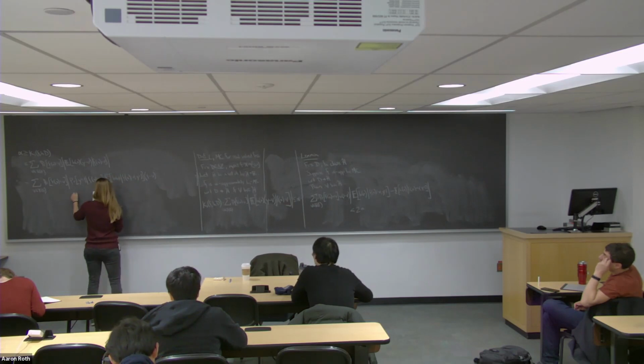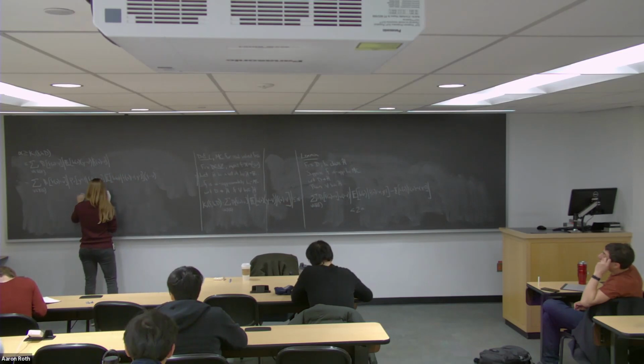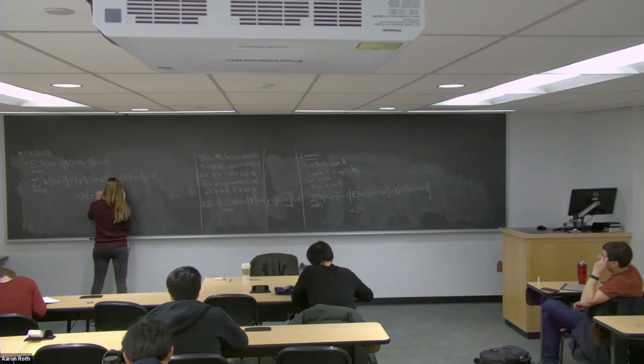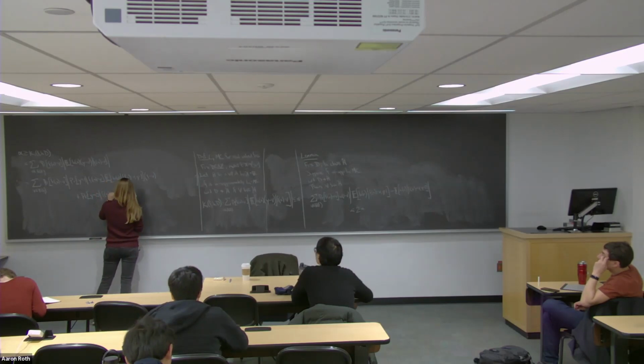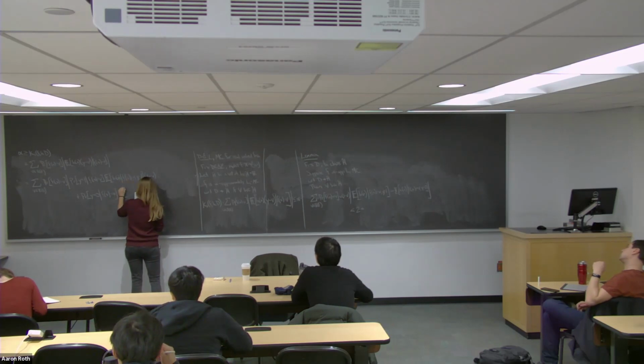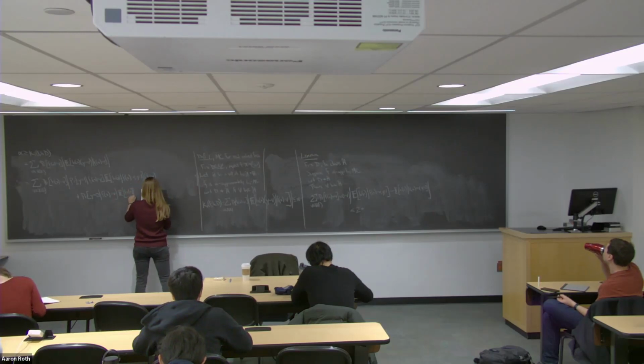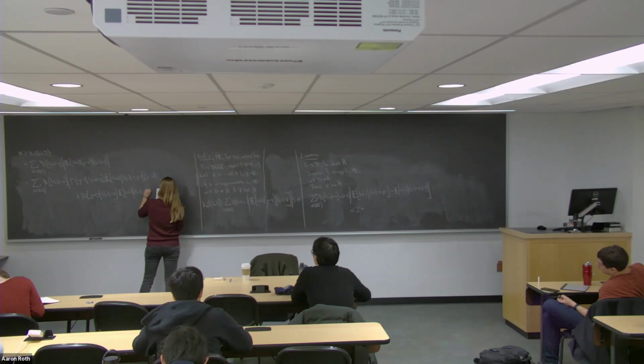And this will be plus the probability that y equals 0 conditioned on f of x equaling v, again multiplied by the expectation of h of x, conditioning on the same and the label being 0.